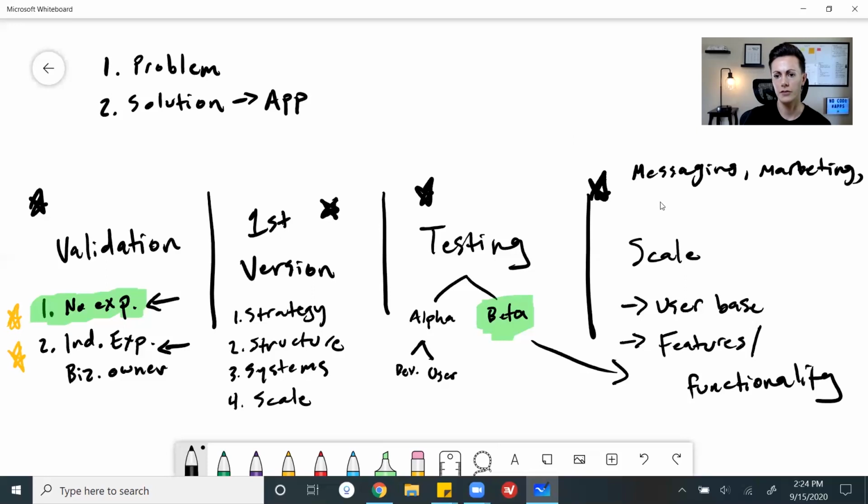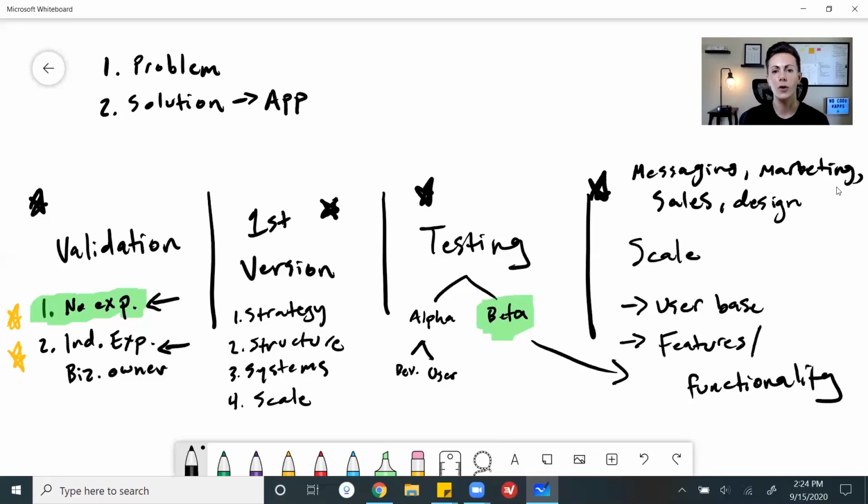Your messaging goes into your sales, the copy you're putting on your app, the way in which, even, I'm going to add this, even your design, because just like the feedback that you're getting to guide the features and the functionality that you're building, you want that to guide your design too, your messaging, your marketing, your sales, your design.